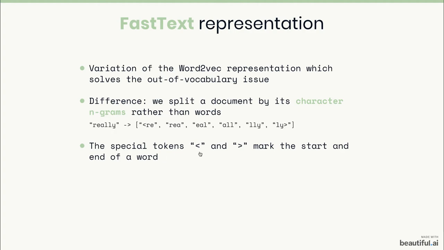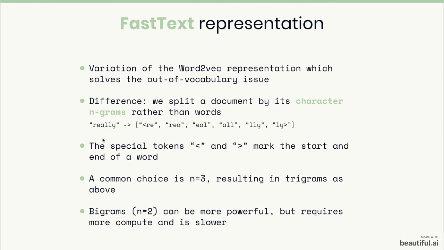This is a minor detail, but we also assign some special characters to mark the beginning and end of the word, so that this representation can know that this re here is a special re because it's the beginning of a word, compared to just re appearing in, say, are.